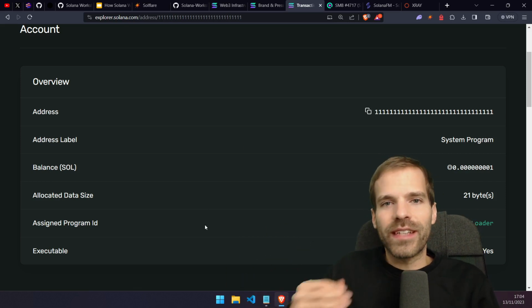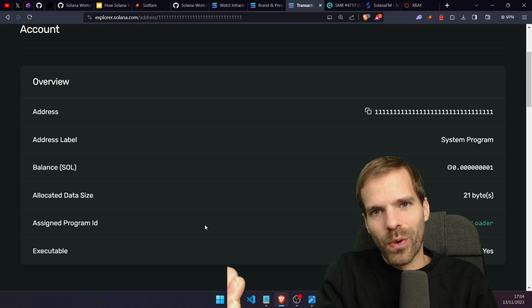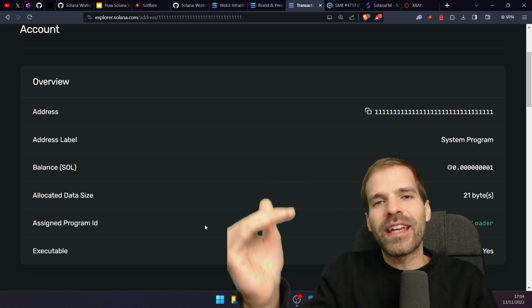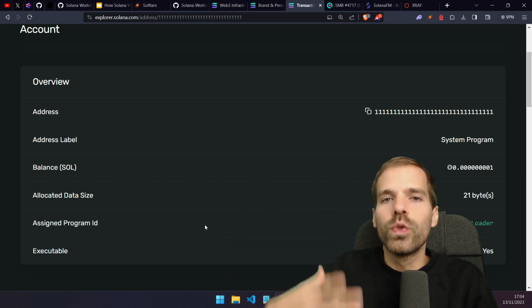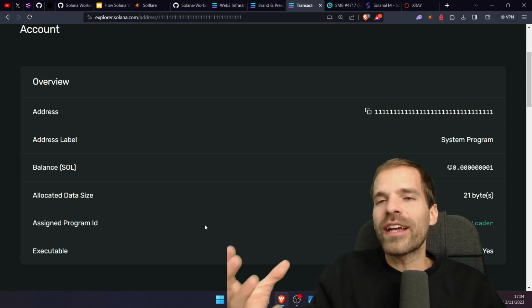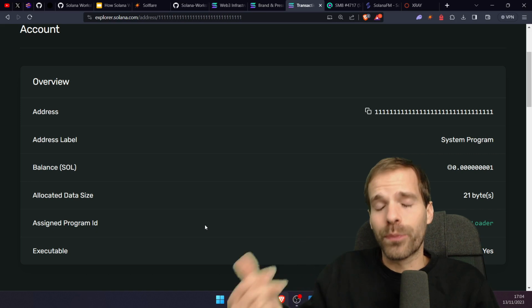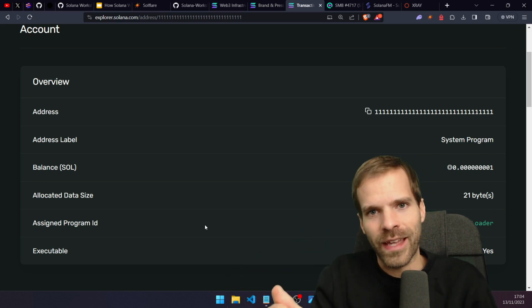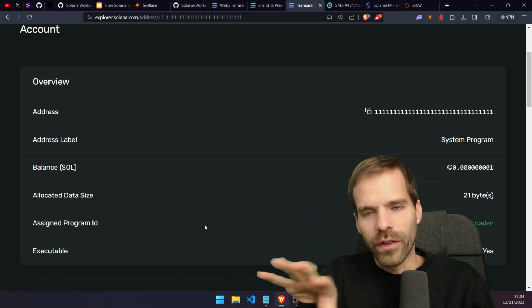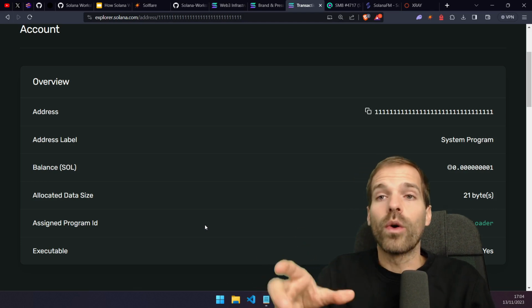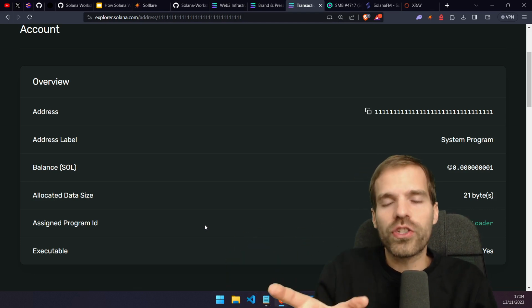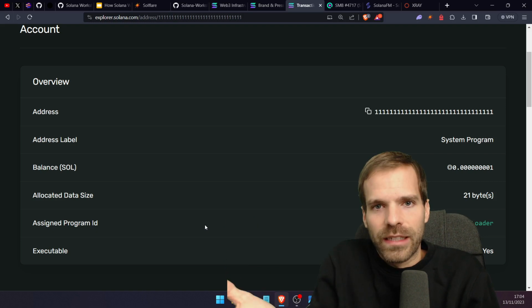And then a transaction can call the program, and then the state is updated according to the rules of the program. And that's what we as Solana devs do. We write the programs that update the state. That's among the things we do. That's the on-chain programming. We also can do a lot of stuff off-chain by just calling existing programs.